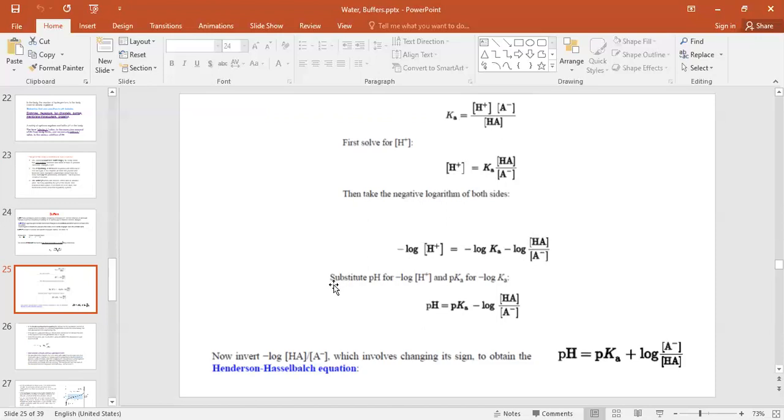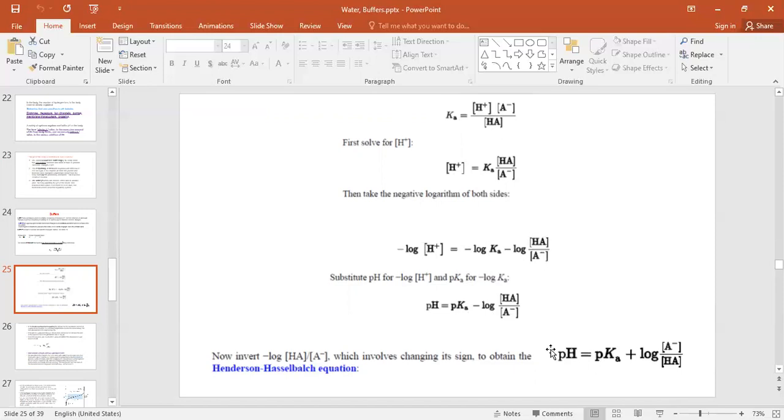Now substitute pH for minus logarithm of hydrogen ion concentration and pKa for minus logarithm of Ka, and we get this equation. Now let's invert the ratio inside the logarithm and write the equation this way. This equation is known as the Henderson-Hasselbalch equation.